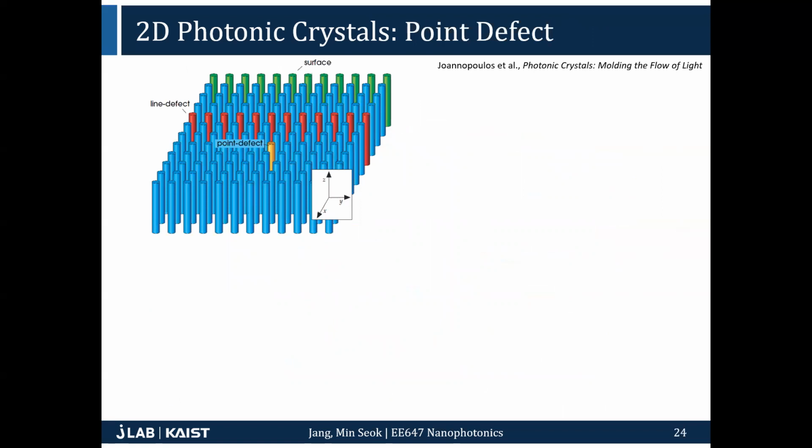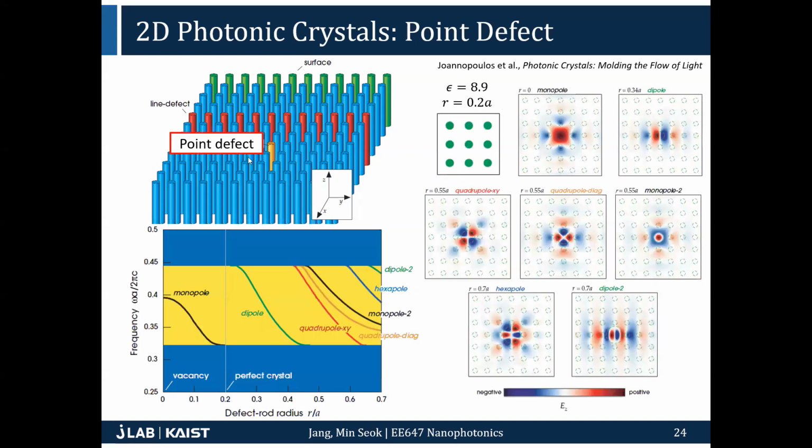So the 2D photonic crystals can also have defects, like you can think of surface, line defect, and point defect. If you begin with a point defect, you have photonic crystals everywhere, like this, but you have one cylinder that is different from the others. Okay, so this plot shows you what is happening.